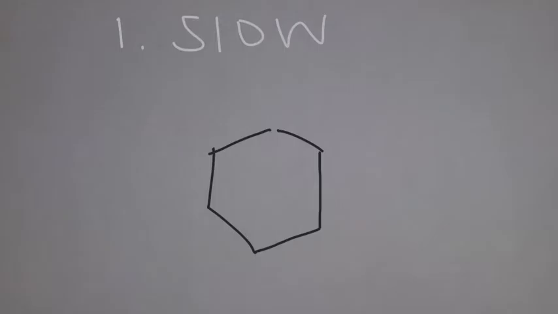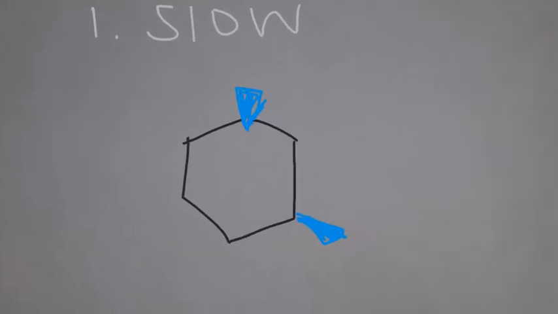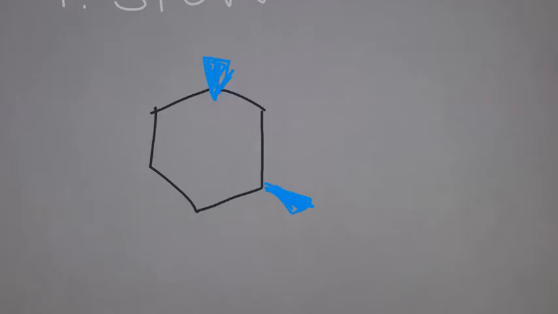You can't just go from here to redraw the structure. That's what slow is. We already did this part, so now we're going to the slow part of the mechanism. The hydroxide is gonna bond. That is potassium, right? That's not good.